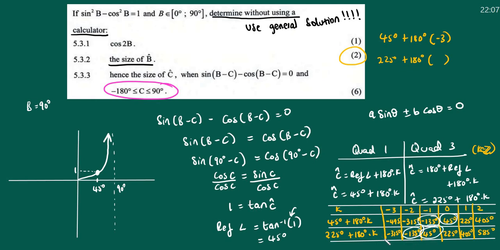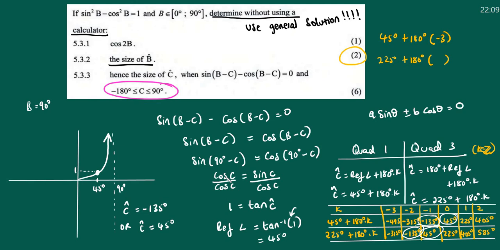Those are the two angles that are between negative 180 and 90, isn't it? Yeah, so angle C could be negative 135 degrees or 45 degrees.